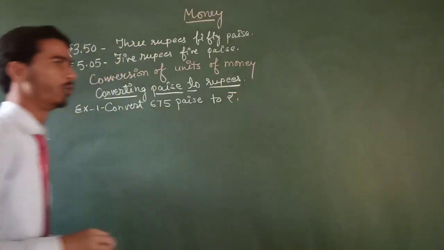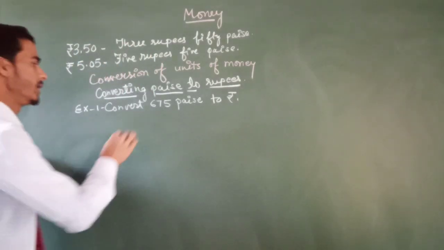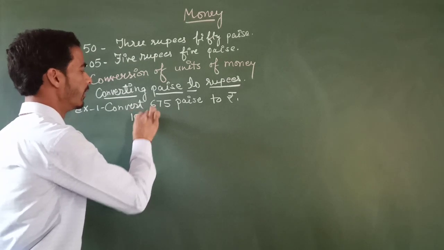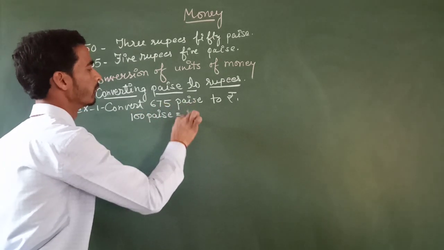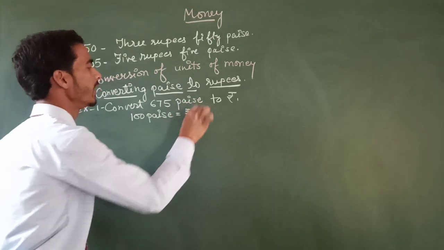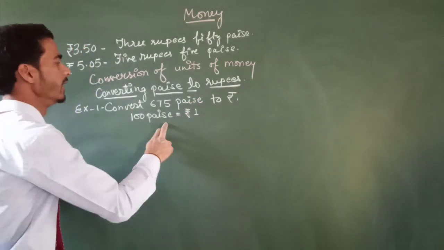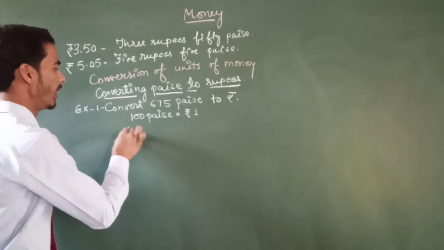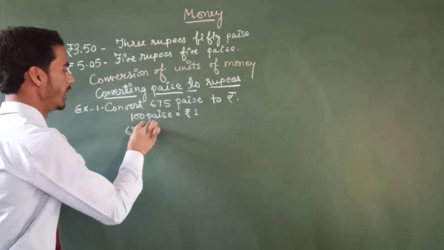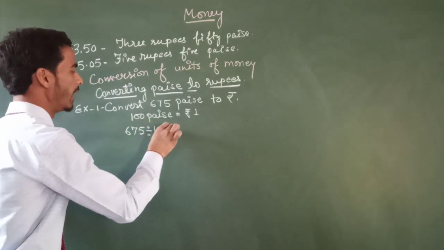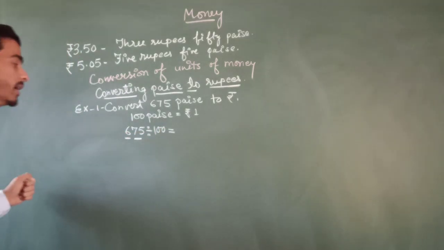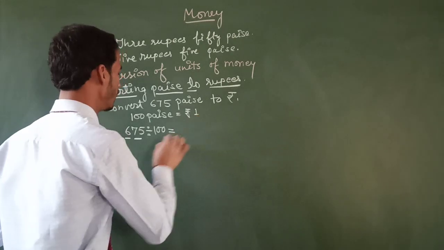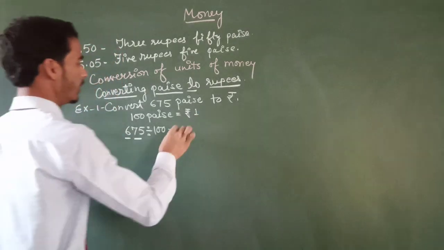Okay, listen here. How can we convert it? We know that 100 paise is equal to 1 rupee. So we have to divide 675 by 100. The quotient will be 6 and the remainder will be 75.